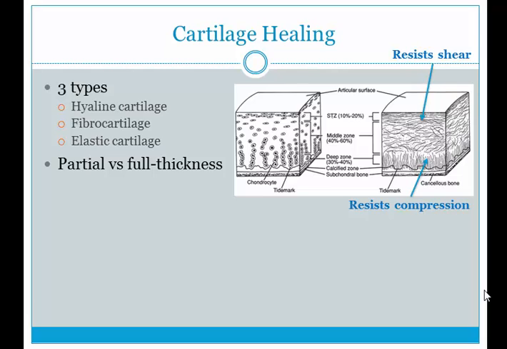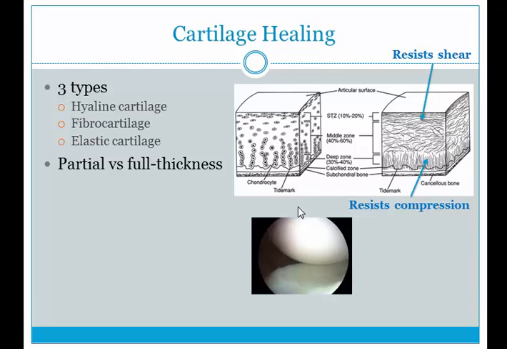Cartilage tears are classified into partial versus full thickness tears. So here's a good picture from the scope. What you see is 2 articular surfaces meeting, and the cartilage looking nice and smooth. It's perfectly healthy. Compared to this, this is an example of a partial thickness tear.